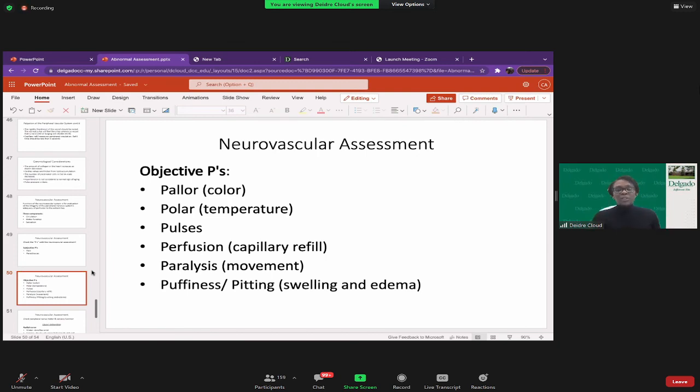And yes, you move to the closest pulse to the one that you can't feel. But 9 times out of 10, if they don't have a reason not to have a pulse and everything else is normal, they probably have a pulse there. You just can't feel it. And if someone else comes to look, then of course get a Doppler. But if the patient can move their toes, color's good, we need to feel the next pulse up.